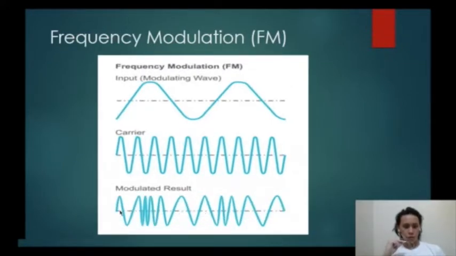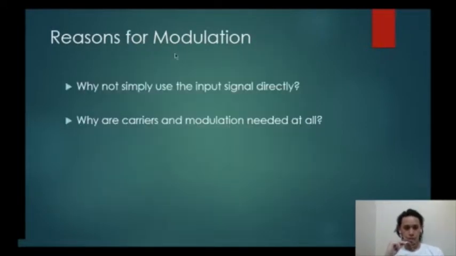If yung modulator naman natin is binabago yung frequency ng carrier wave while keeping the amplitude constant, ang tawag doon is frequency modulation, or FM. Yung mga radio station na FM, frequency modulation yung ginagamit nila.